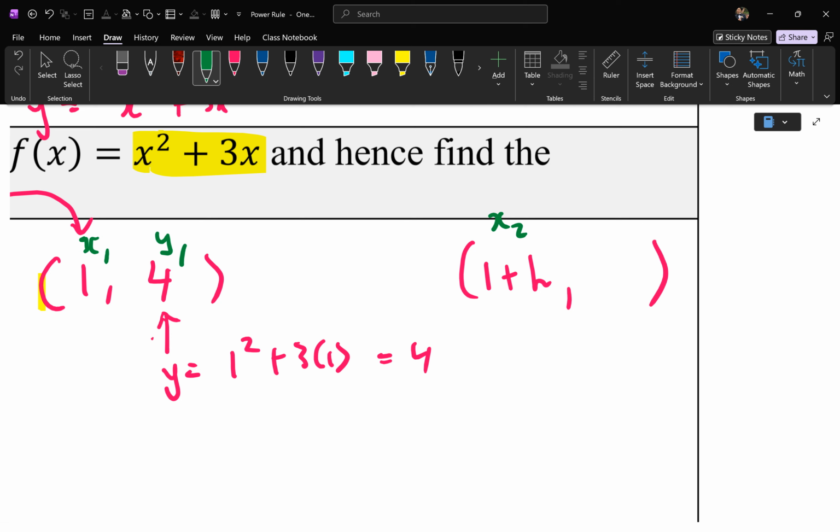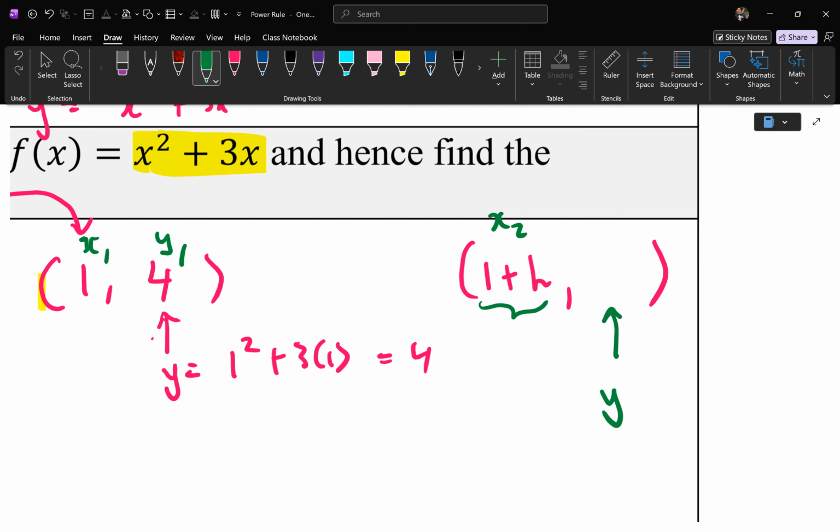Now I'm going to ask you the same question again. When you had x equal to 1, I asked you, how did you find 4? You told me sub it into the equation to find the y coordinate. Well, what if x is now 1 plus h? How do you find the y value? What do you have to do? Yeah, you sub this into the equation.